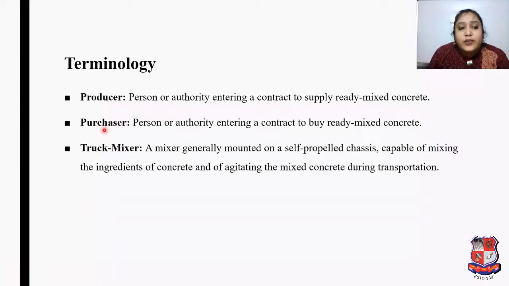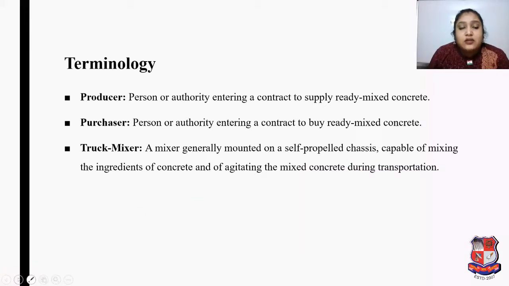The producer, purchaser and truck mixer are general terms. The person or authority entering a contract to supply ready-mix concrete is the producer. The purchaser is the person or authority entering a contract to buy ready-mix concrete. And a truck mixer is a mixer generally mounted on a self-propelled chassis, capable of mixing the ingredients of concrete and of agitating the mixed concrete during transportation.